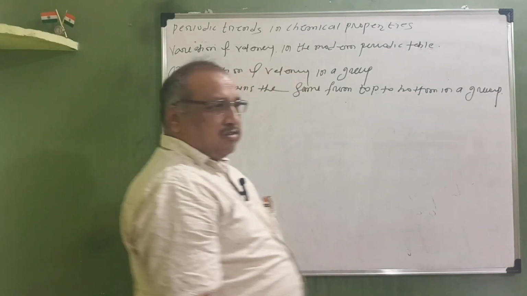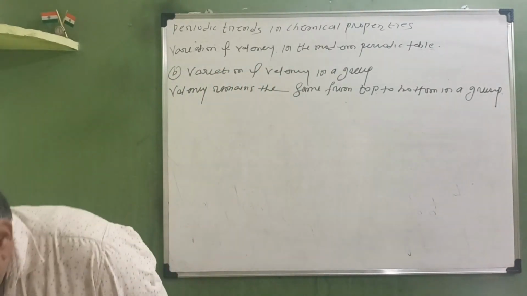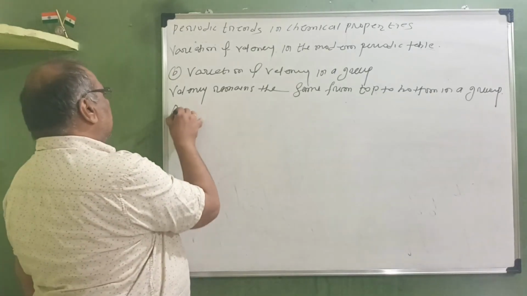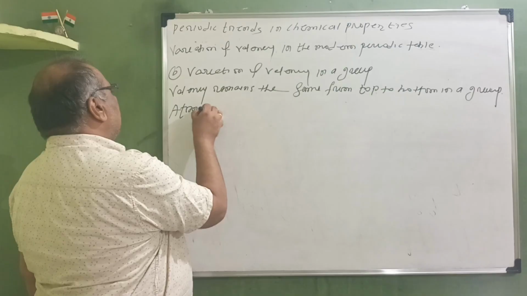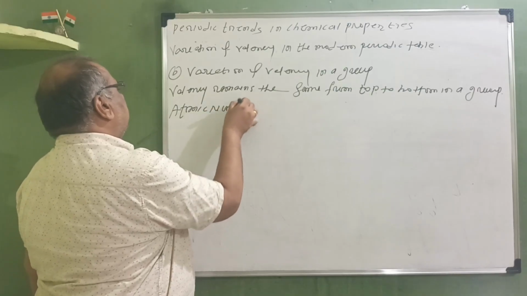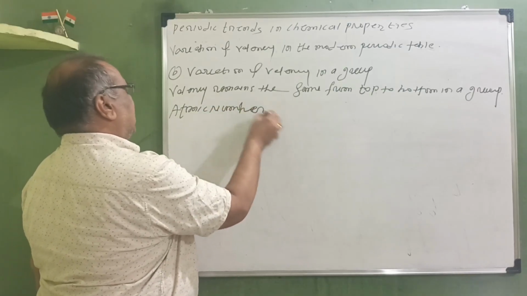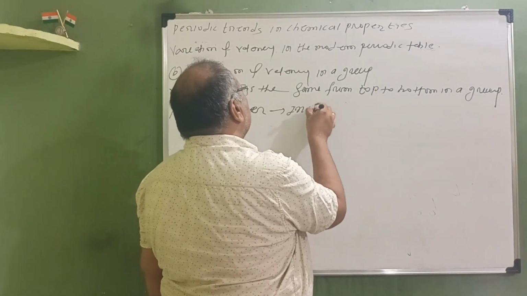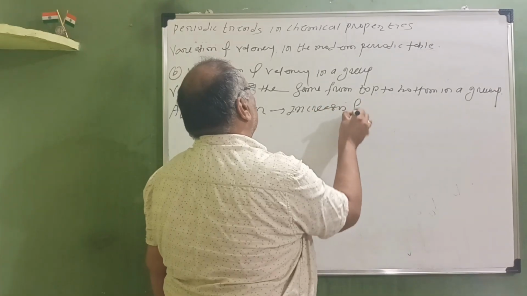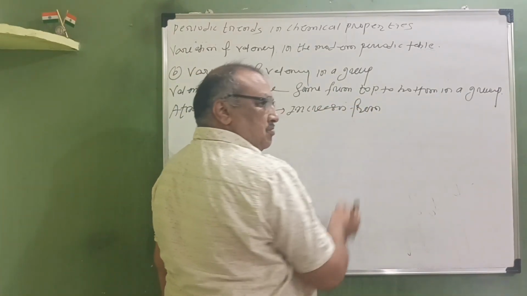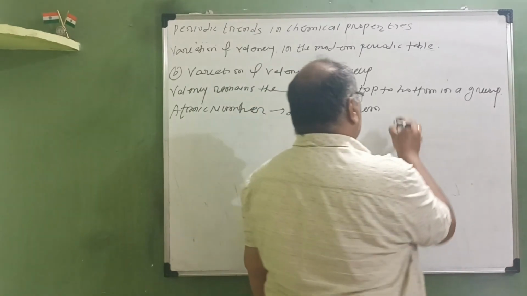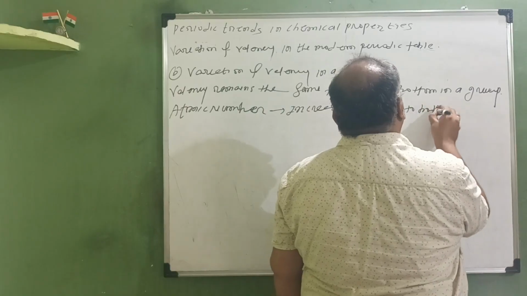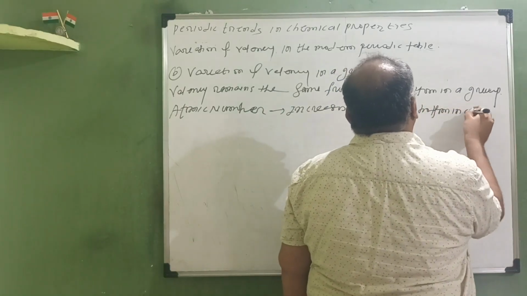This is because atomic number increases from top to bottom in a group.